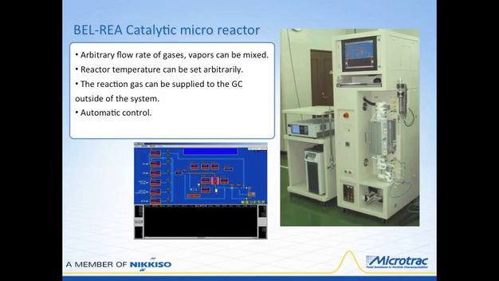But this shows a gas chromatograph integrated with what's called the Bell RIA, and this is a microreactor, so the entire reaction can be monitored by using GC and also the Bell surface area.